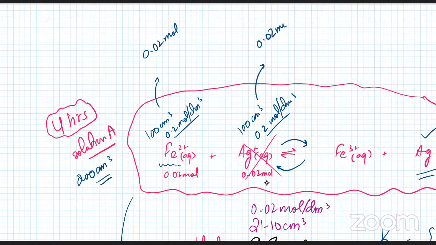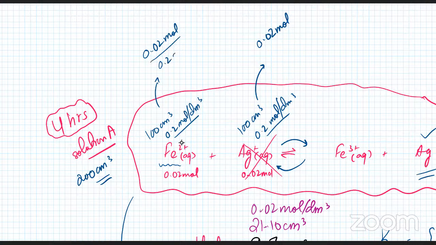Now, these were the moles that were added into the solution. But once you add 100 cm cube and mix it with 100 cm cube, now your total volume is actually 200 cm cube. Is that point clear? You added these many moles, but when you mix them together, the volume has changed. It is no longer 100 cm cube. These moles are now in 200 cm cube. 200 cm cube is how much?